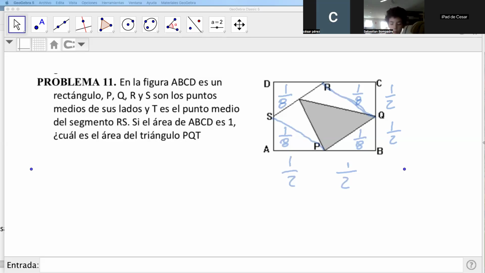So the area of the triangle is the square root of 2 divided by 4.